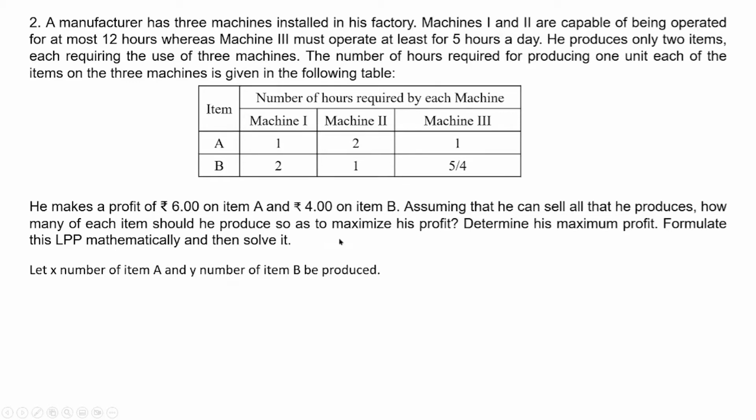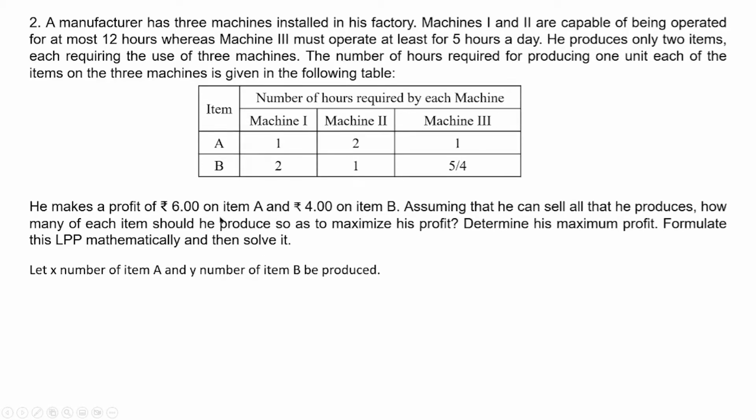The objective is to maximize the profit. How will this profit be maximized? It is given he makes a profit of rupees 6 on item A and rupees 4 on item B. And we have taken X as the number of units of item A and Y as the number of units of item B. So we have to maximize profit given by 6x plus 4y.